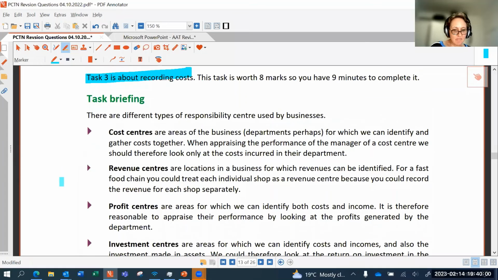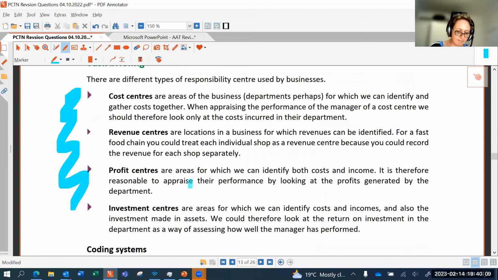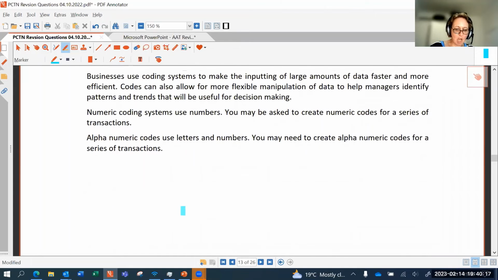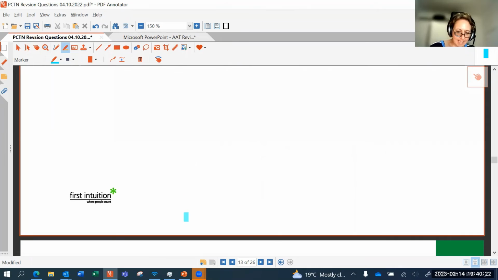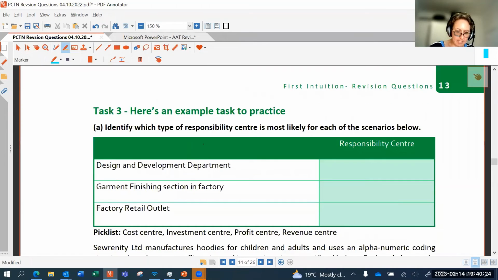So if you find this task difficult, or you think it's been a little while since you've seen this area, at some point, please do revise the meaning of these different types of responsibility centre: cost, revenue, profit, and investment, and make sure you understand how we code transactions. But we are pretty much going to revise it as we work through this area here.